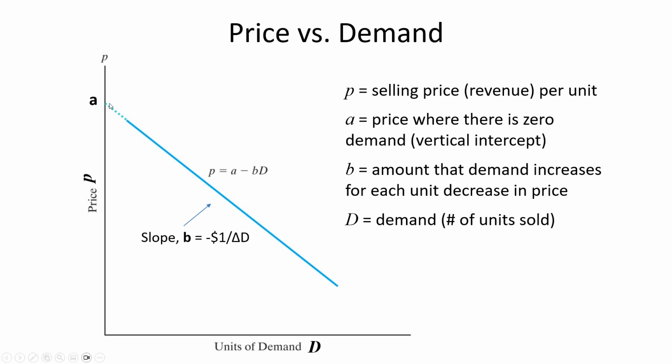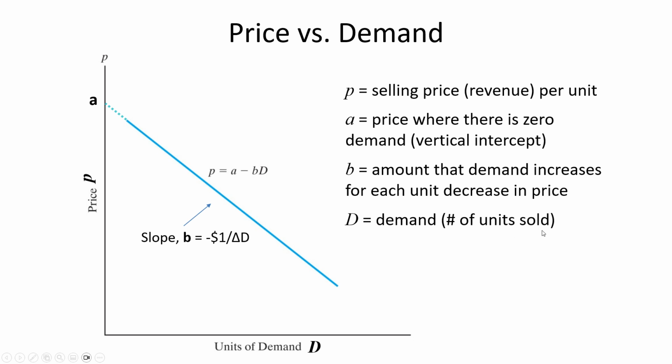So the selling price isn't necessarily going to cover the cost, and we'll talk about the effect of that in a little bit. A, the intercept, where that curve goes up against the price vertical axis, is the price where there would be no demand. B, the slope of that line, is how much of an increase in demand there is for each decrease in price. And then finally, D is the number of units that are sold.